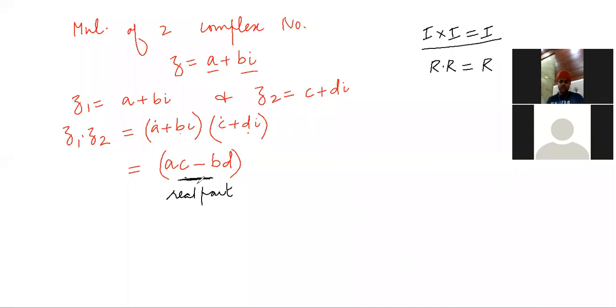So AC minus BD is the real part, plus obviously it has the imaginary part also. And how do you get that imaginary part? First you go outside and then you go inside and you add them. Once again, how do you get the imaginary part of a complex number?